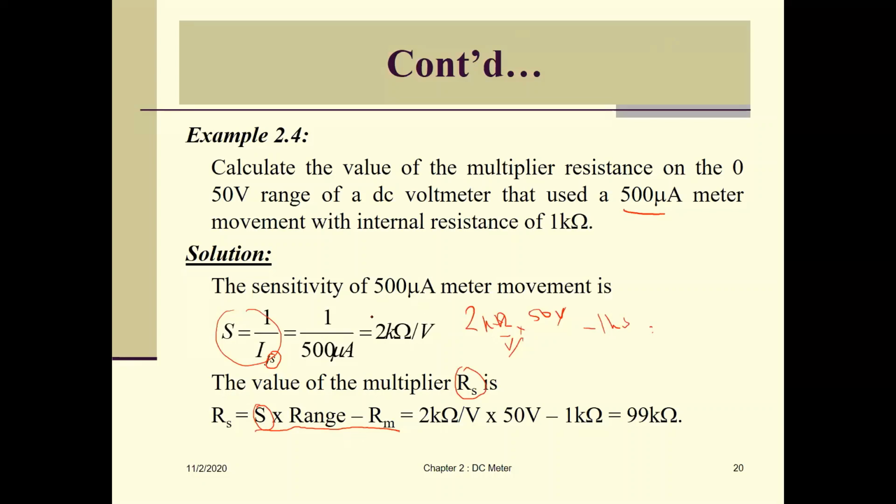The range is 50, so we use the range from 0 to 50, we take the maximum, 50, then minus RM. Normally RM will be given. So this is an example using the voltmeter.